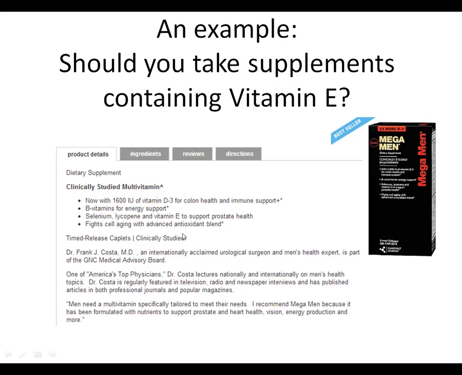So they list all of these claims that they have for the components, and then down here they have an internationally acclaimed urological surgeon and men's health expert and say that he is part of the medical advisory board. And here's his quote. "I recommend MEDLINE because it has been formulated with nutrients to support prostate and heart health, vision, energy production, and more." So, looks good, right? Here's a doctor saying that you should take it.